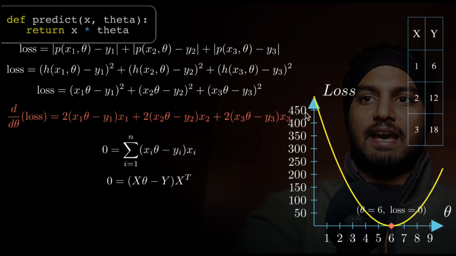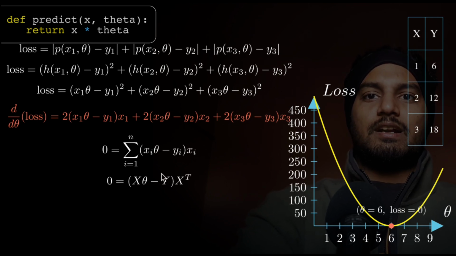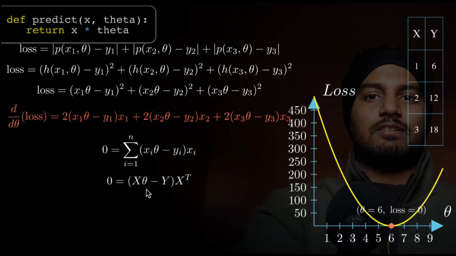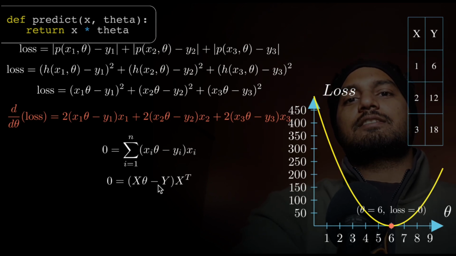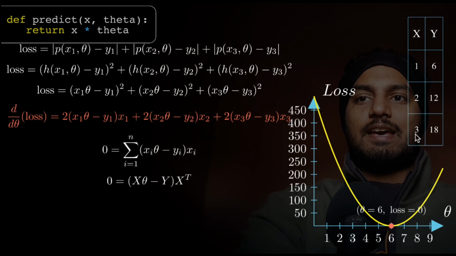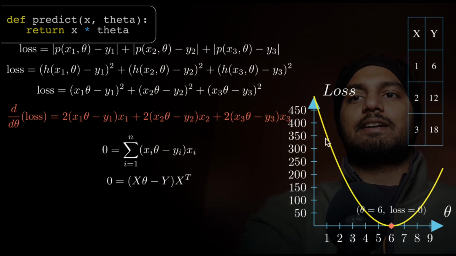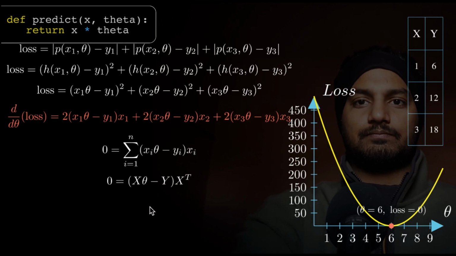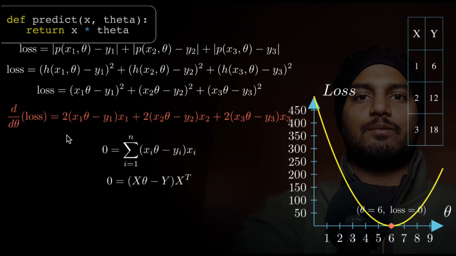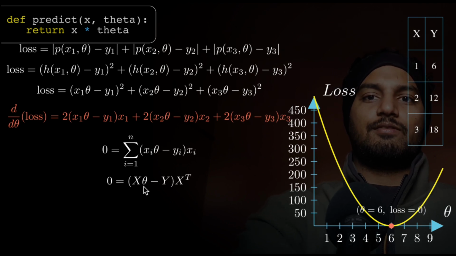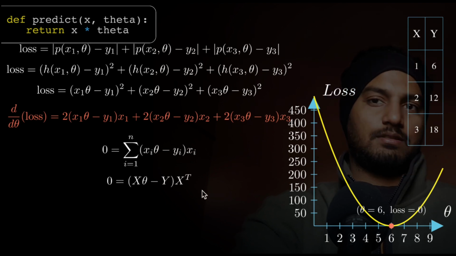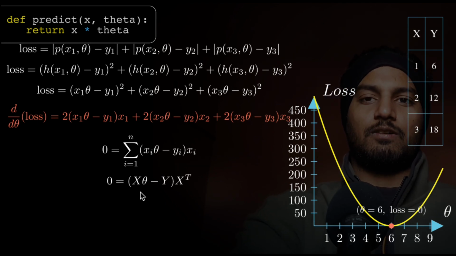Take x as this column 1 to 3, multiply with theta, which is a 1 by 1 matrix, or you can think of it as a scalar at this point, minus y. Because they are the same size, the x column and y column can literally be subtracted, 1 minus 6, 5, or whatever you get, and whatever the solution is, you transpose it. If you solve this matrix solution, you will end up with this kind of equation, I promise you, and you can do it as homework.